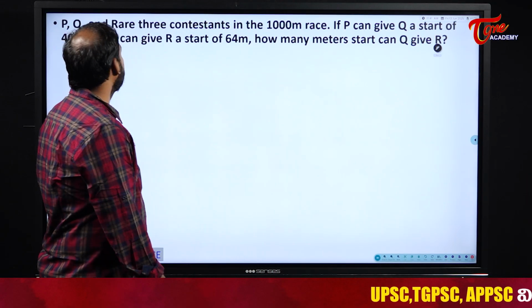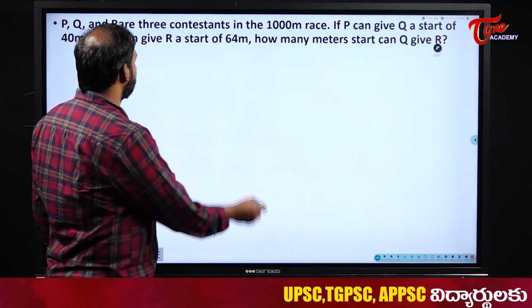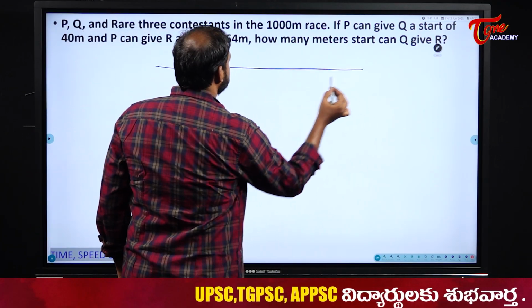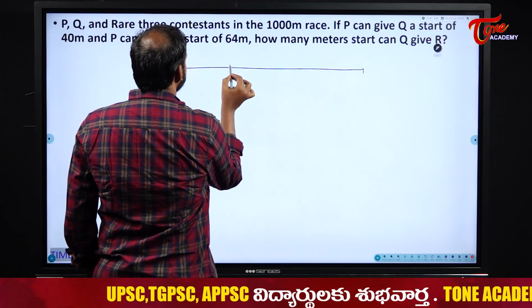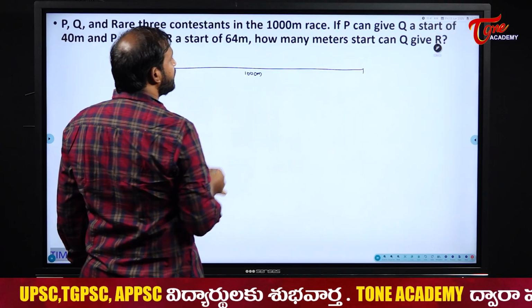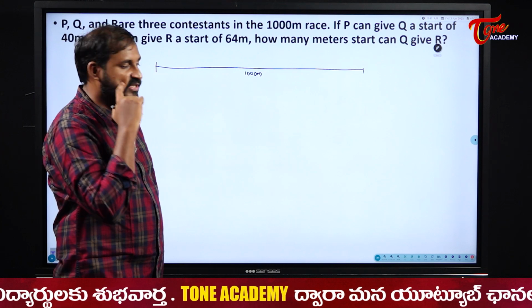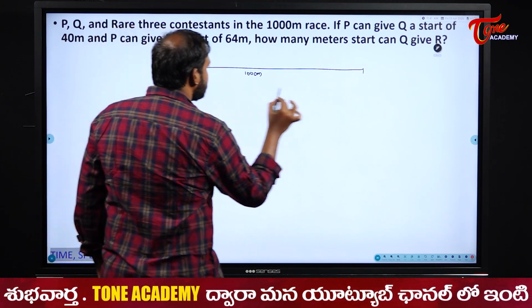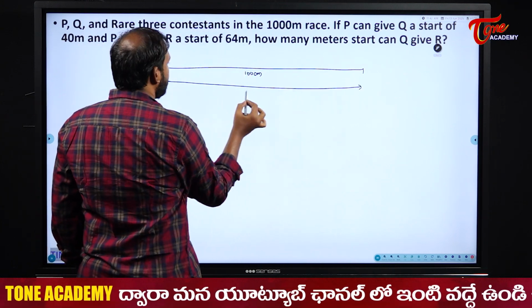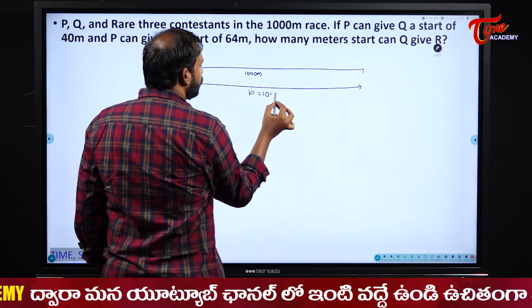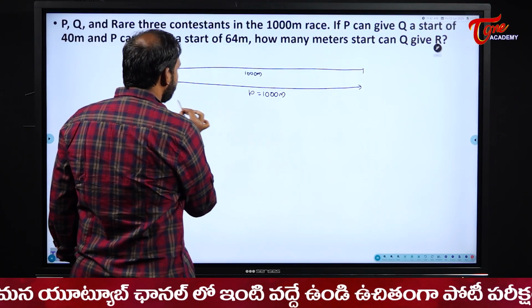Now, P, Q and R are the three contestants in a 1000 meter race. P can give Q a start of 40 meters and P can give R a start of 64 meters. That means, what is the distance covered by P here? P is going to cover the total 1000 meters. What about Q?